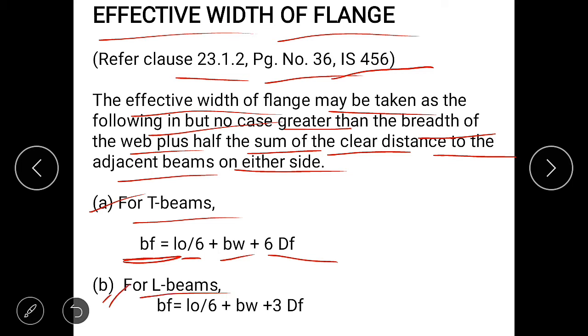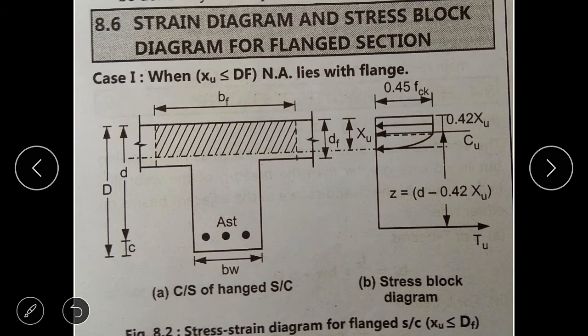For an L-beam, BF, width of flange, is equal to L0 divided by 12 plus BW plus 3 DF. BW means width of web, and DF is the depth of flange. Okay.